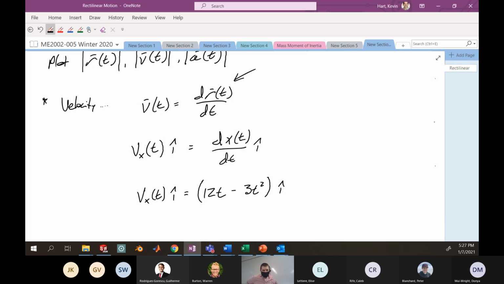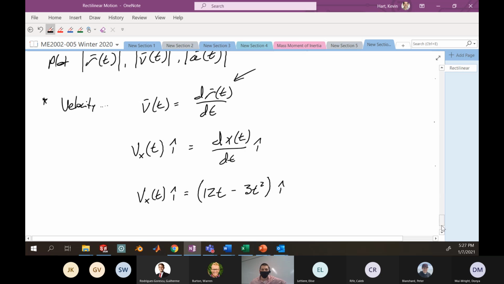For those of you that have the actual PowerPoint notes, it looks like there's a mistake in the notes. Do any of you have the notes? On slide 9, I think the velocity is written as 12t minus 2t squared. It should be 12t minus 3t squared. So if you've got the notes, you can make a note that there's an error.